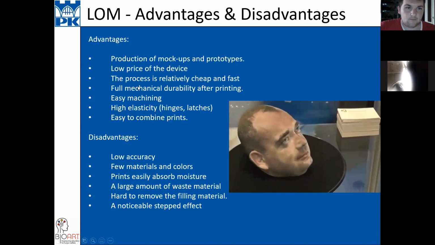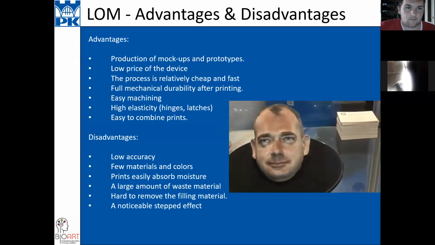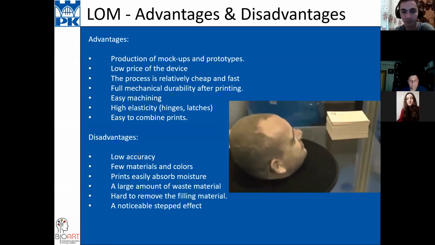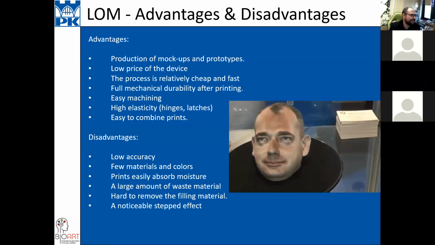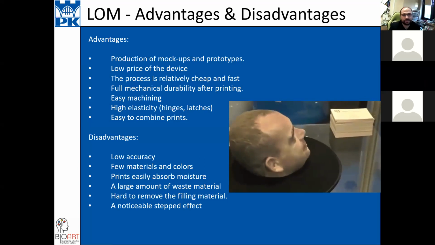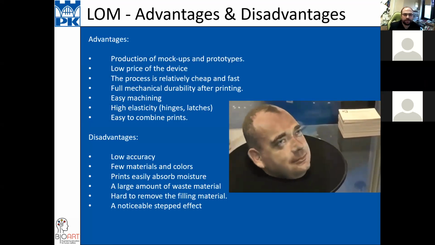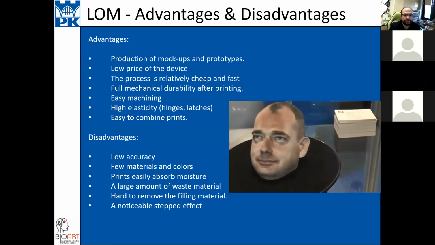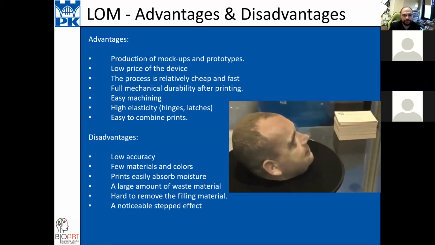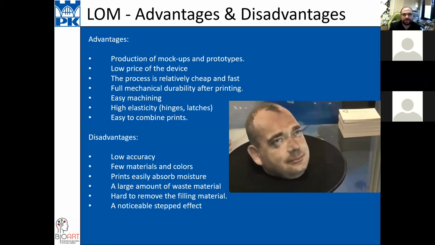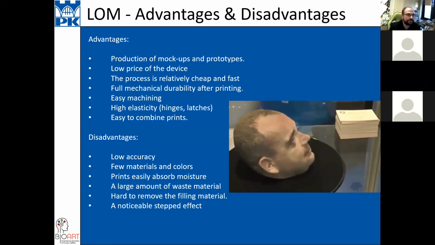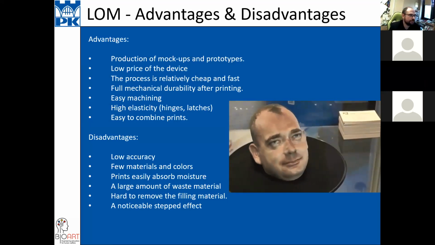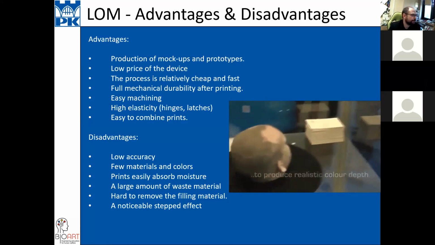Okay, the price of this kind of machine now, of course, I'm not pretty sure that you can buy it, but the price was lower than in other cases, because at the beginning the price was very high. FDM, of course, because Stratasys had the patent on this technique, but now the cost is lower.